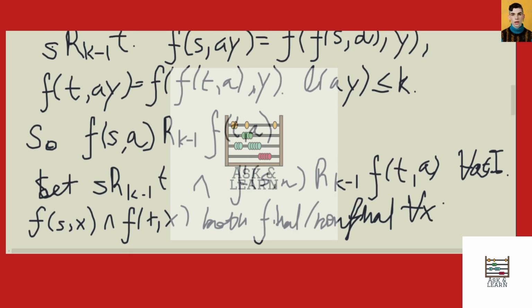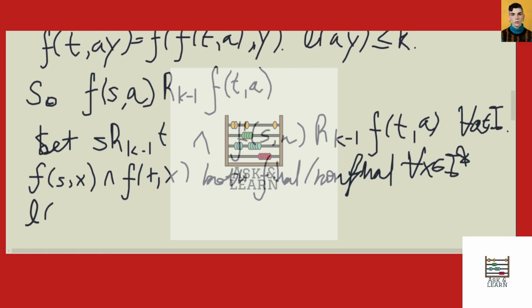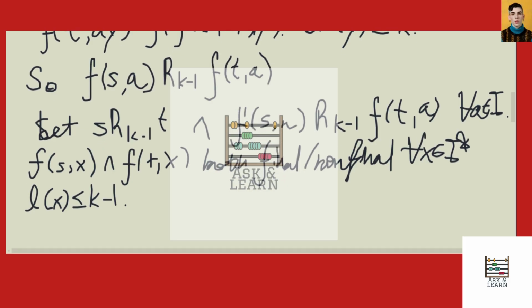For all strings x such that the length of x is less than or equal to k minus 1, we also have that f of s xa and f of t xa are both final or are both not final, for every input string x with the length of x being less than or equal to k minus 1.